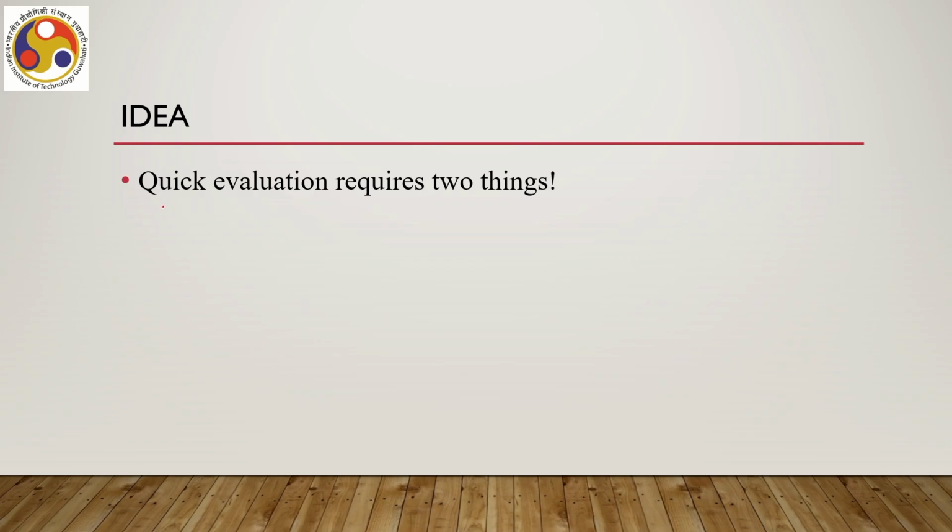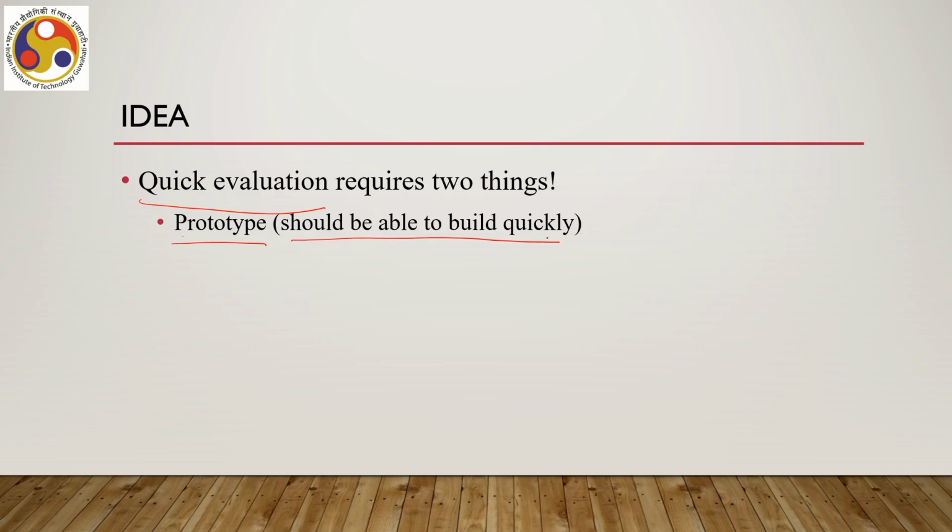Now, this quick evaluation of the design ideas requires a couple of things. One is a prototype, that is a model of our idea, which we should be able to build quickly. Second is quick evaluation.